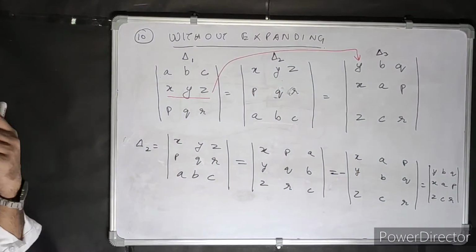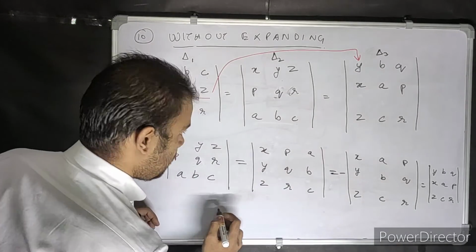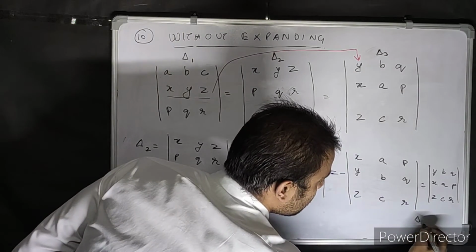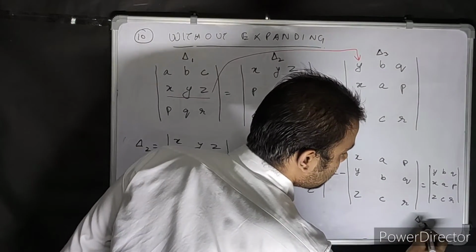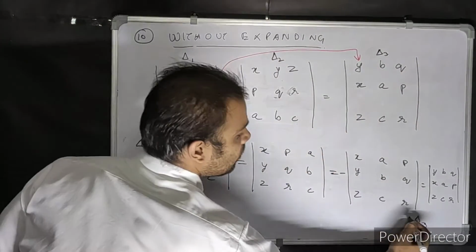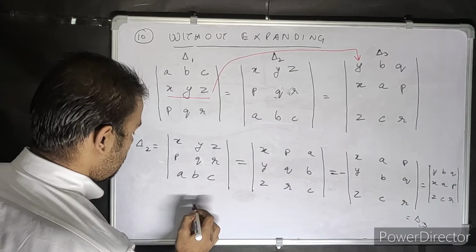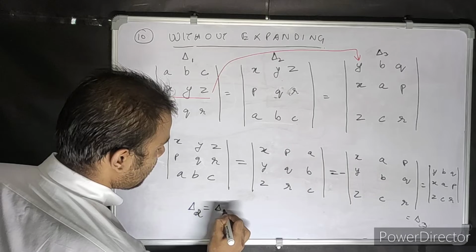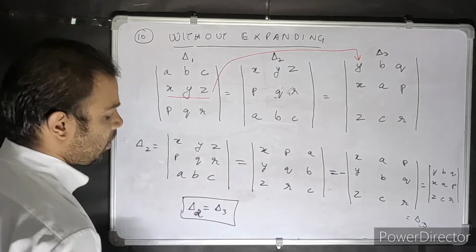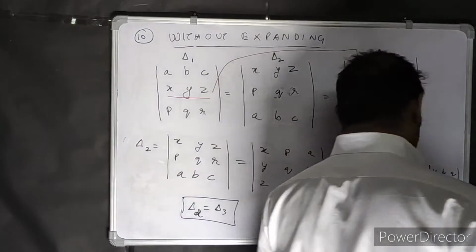Alright, so that's delta 3. Delta 1 is equal to delta 2 is equal to delta 3. There you go. All proved.